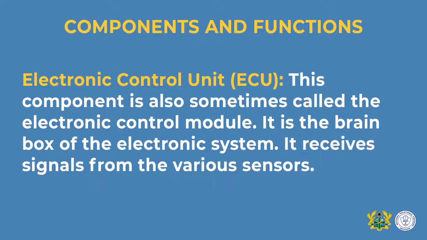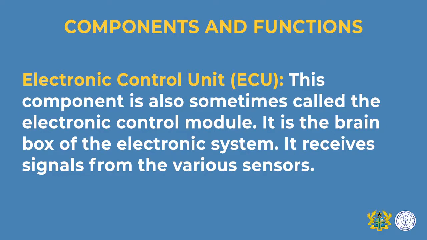Now let me take you through some of the components of the electronic petrol injection system. We have the ECU. The ECU simply means electronic control unit, which in some cases they call electronic control module. It's a miniature computer that is in the system.